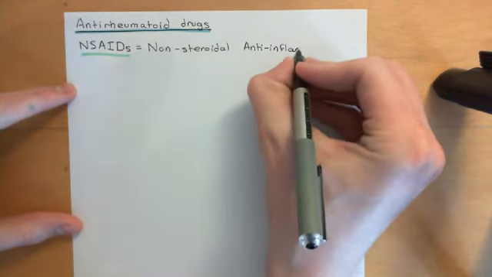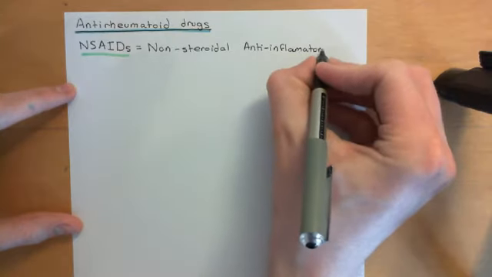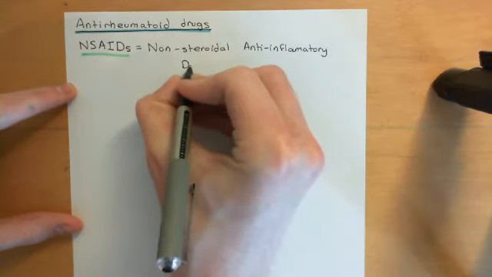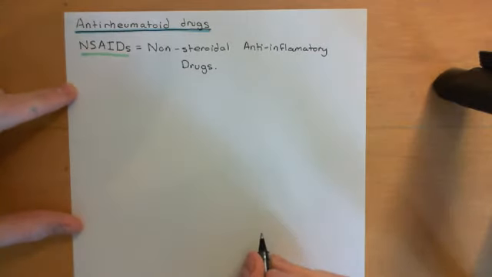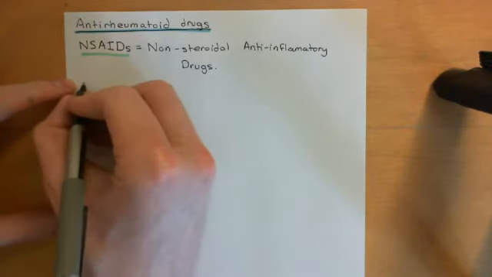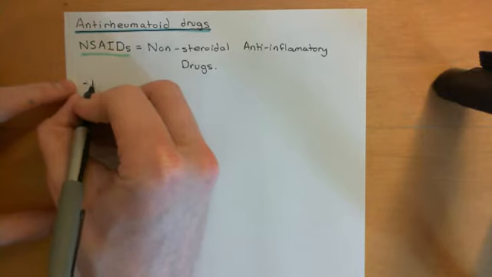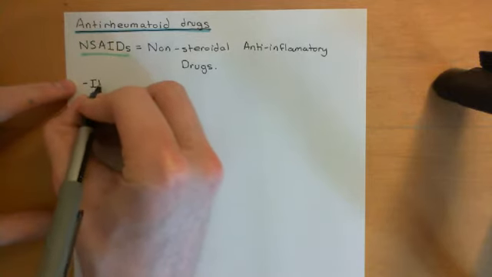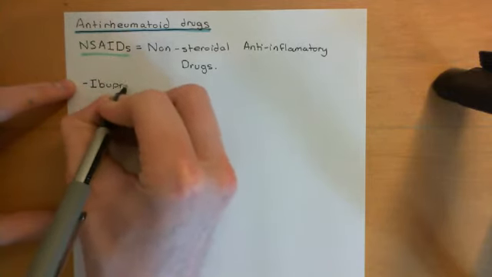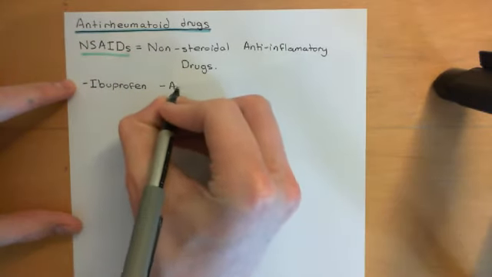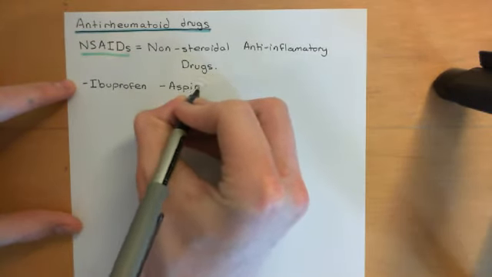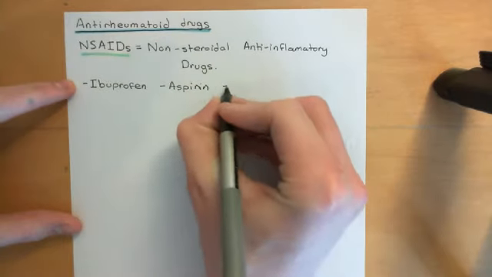I will give you a few examples of non-steroidal anti-inflammatory drugs before we talk about how they actually work to reduce the inflammation in rheumatoid arthritis and also the pain. These are all quite famous drugs. Ibuprofen is an example, aspirin is another example, and diclofenac and indomethacin are also two other examples.